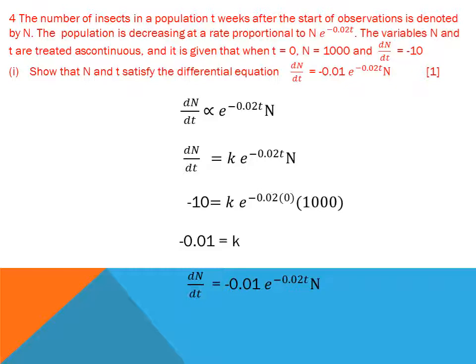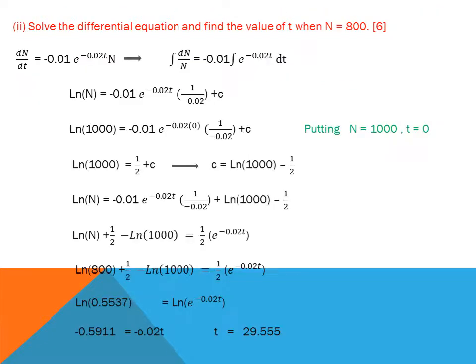I place the values dn over dt is minus 10, t is 0 and n is 1000. I will get that k is equal to minus 10 over 1000, which is minus 0.01. I put this value in the second equation, dn over dt is equal to k. When I place the value of k, it becomes minus 0.01 e power minus 0.02t into n, which is the required form of the question.